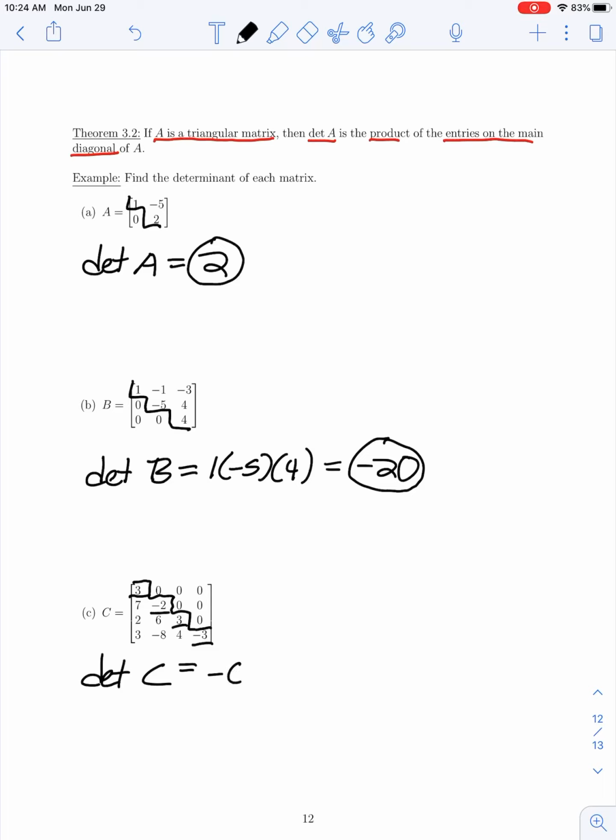So for the first 2, we have -6, and for the second 2, we had -9, so positive 54 for that determinant. So this theorem allows us to very quickly find the determinants of upper or lower triangular matrices, something that will come into play later in Chapter 5 in our course, and be a very handy technique for calculating these determinants.